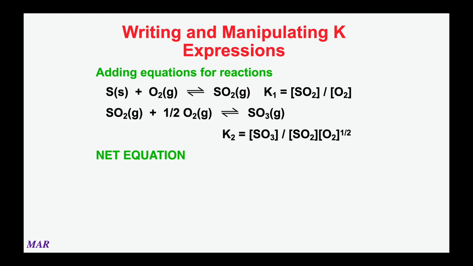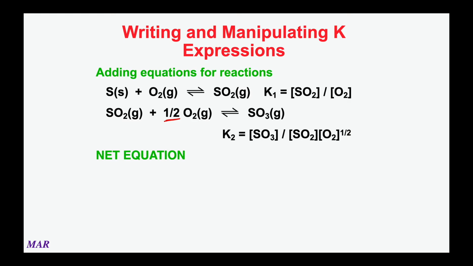And in this new equilibrium, products divided by reactants, nothing is a liquid or a solid, so we don't have to worry about that. K2 would be SO3 divided by SO2 times O2 to the 1/2 power. So again, notice here the stoichiometry was 1/2, so we raise it to the 1/2 power. The square root of oxygen is the same as O2 to the 1/2 power, and we'll talk about this later.